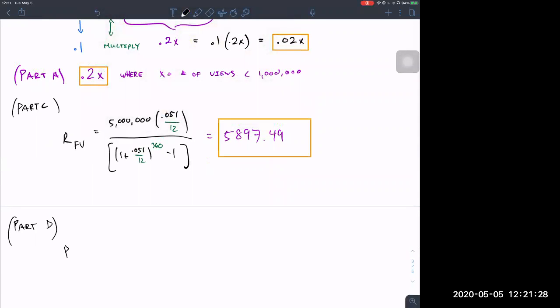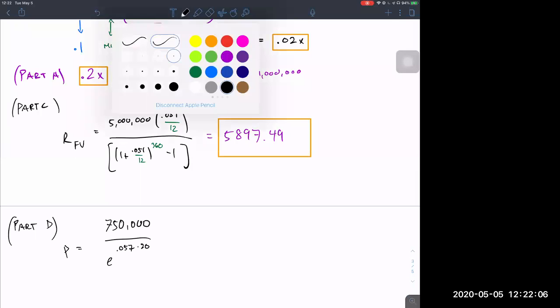And then part D tells you that it's a one-time payment and it's compounded continuously. So you should be using this formula here: e to the 0.057 times, what is that, 20?